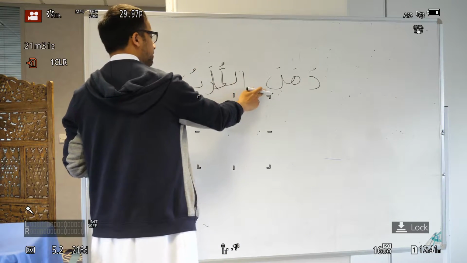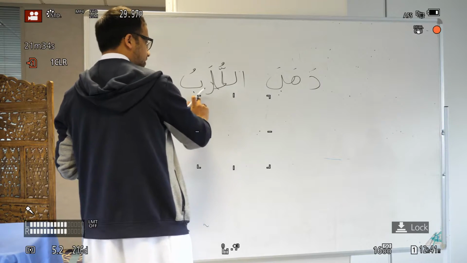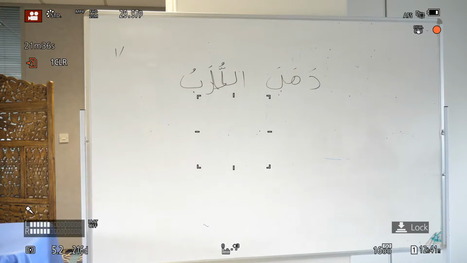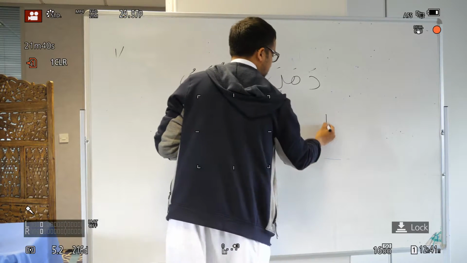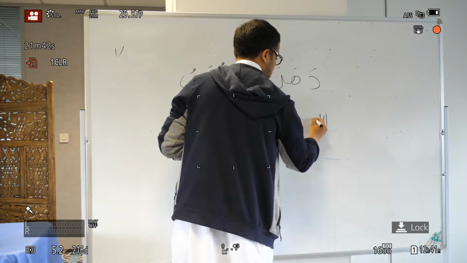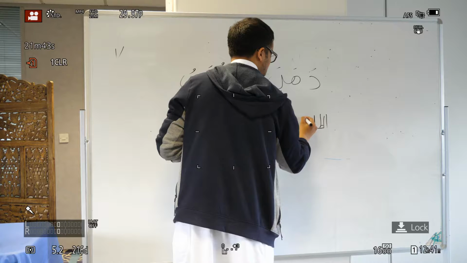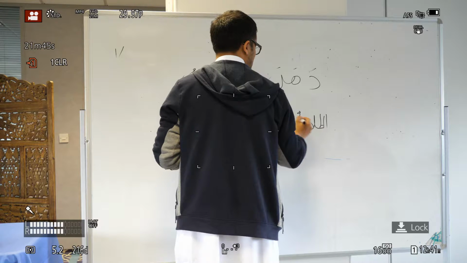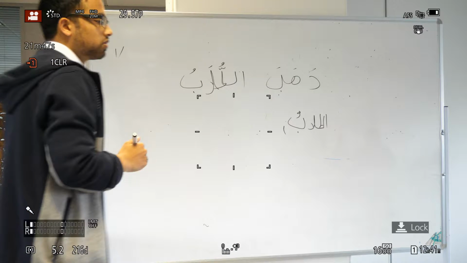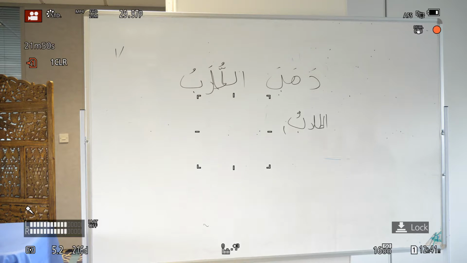Is this outside doer? Why is it outside doer? Rafa and it came after. Now change this into a jumla ismiya. You're going to put at-tullab first. At-tullab. Now you're saying at-tullabu, the students, they went. How would you say that?